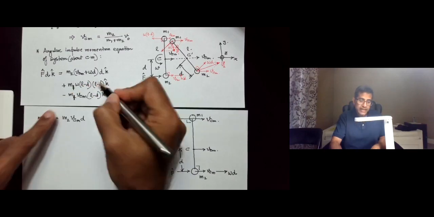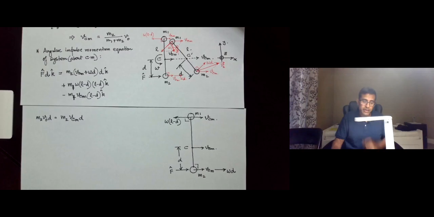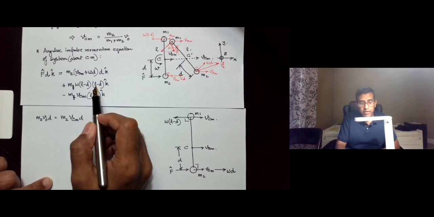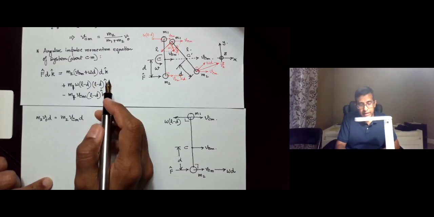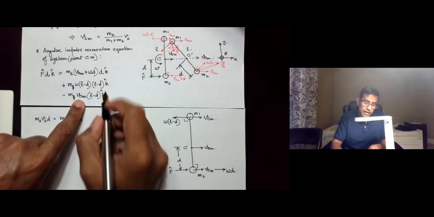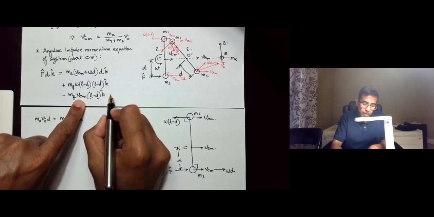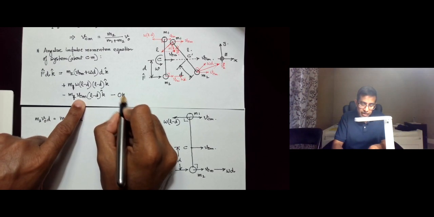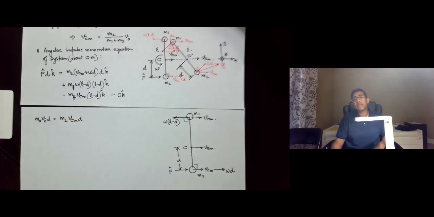So this second and third expression in the previous page, they are giving the change in the angular momentum in M2 and M1. And by the way, I should also put minus 0 in the k direction, because that represents the initial angular momentum of both M1 and M2 before the impulse is applied.